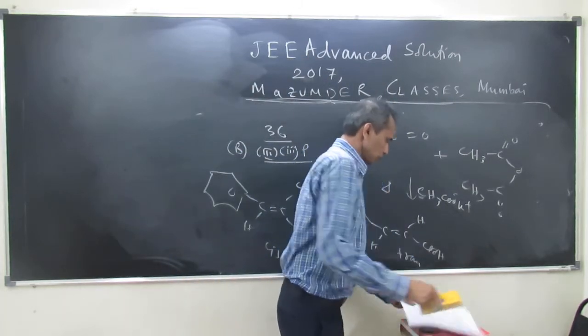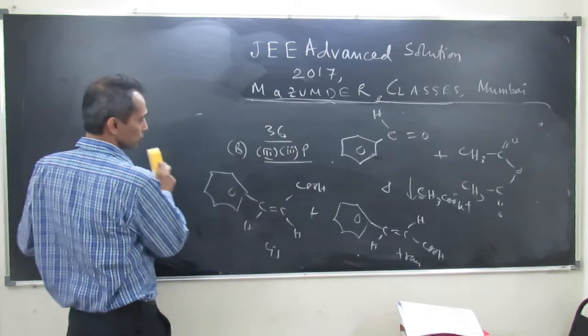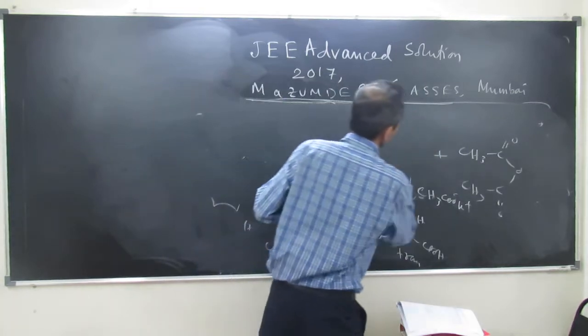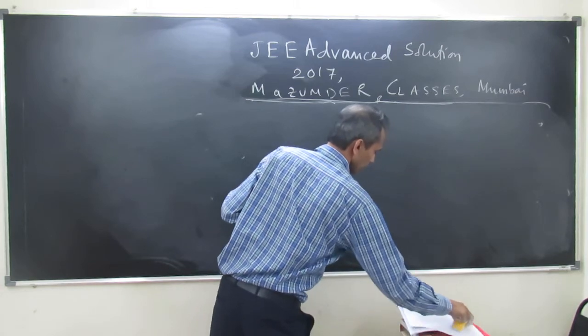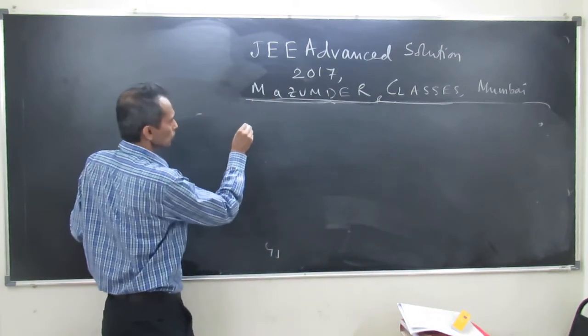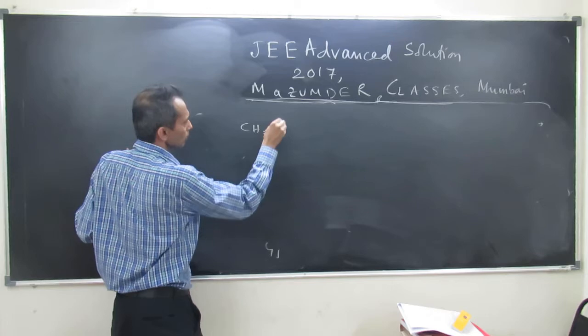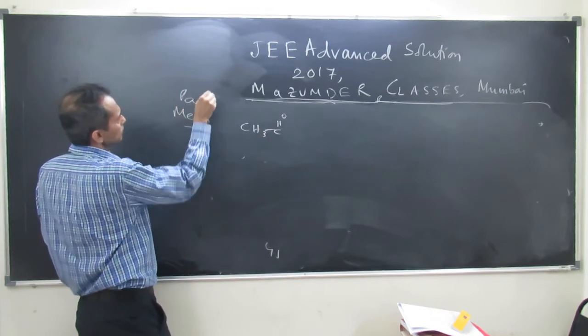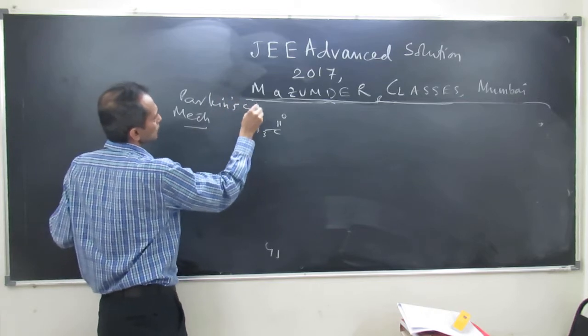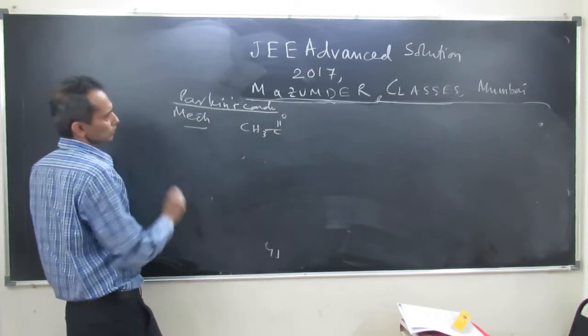For your information, if you have time, you can see that the mechanism in Perkin's is a wonderful, interesting mechanism. I will add acetic anhydride, CH3C double bond O. I am writing the mechanism of the Perkin reaction, or Perkin condensation, a very famous reaction.